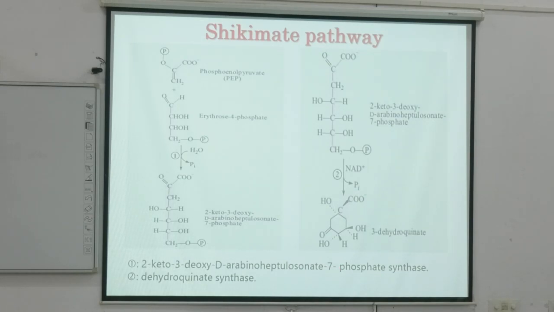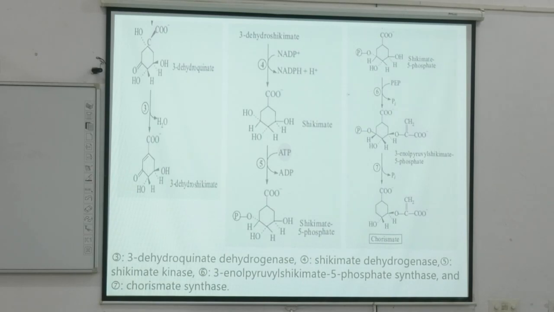Then it will undergo a reduction to form dehydroquinate. This dehydroquinate will lose water with the help of dehydratase to form dehydroshikimate. Then this dehydroshikimate will be acted upon by a kinase to form shikimate phosphate.